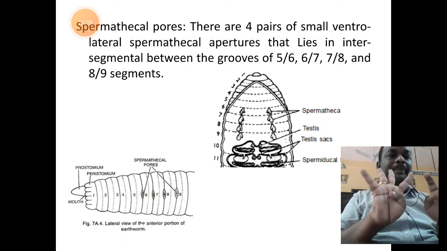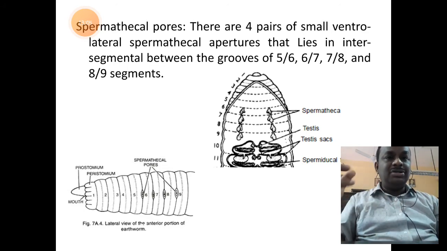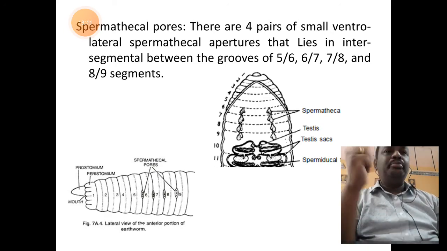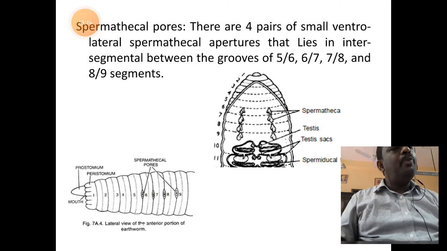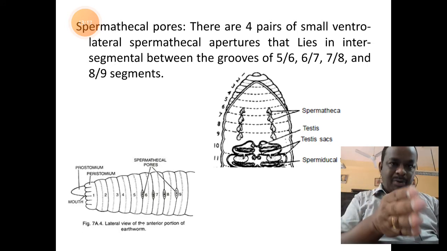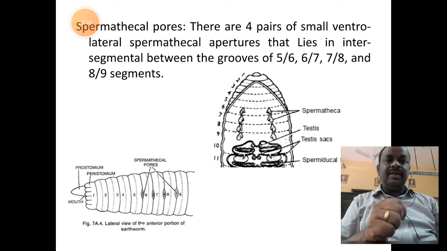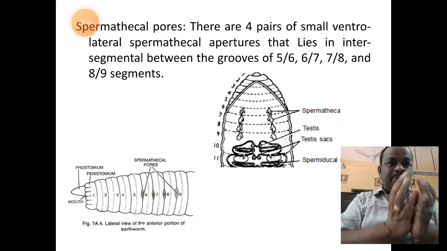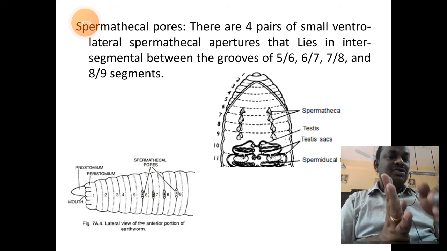So 4 pairs of ventrolateral openings are seen, which act as the spermathecal pores, the openings of the spermathecal bags. Students, down in the picture towards the left side, you can find those slit-like openings, spermathecal pores. So they are paired.